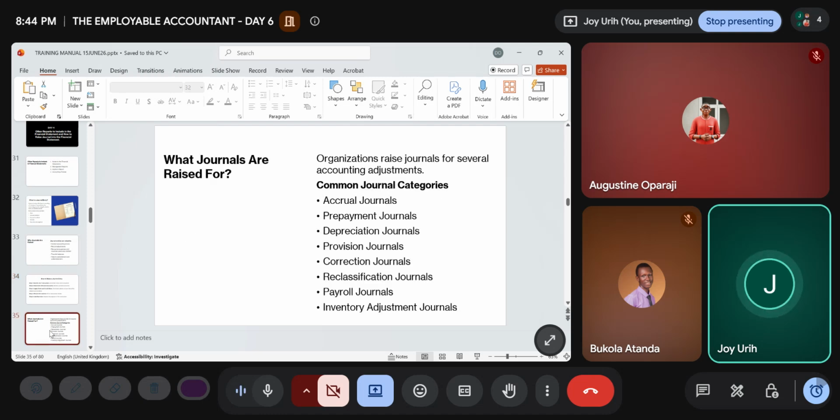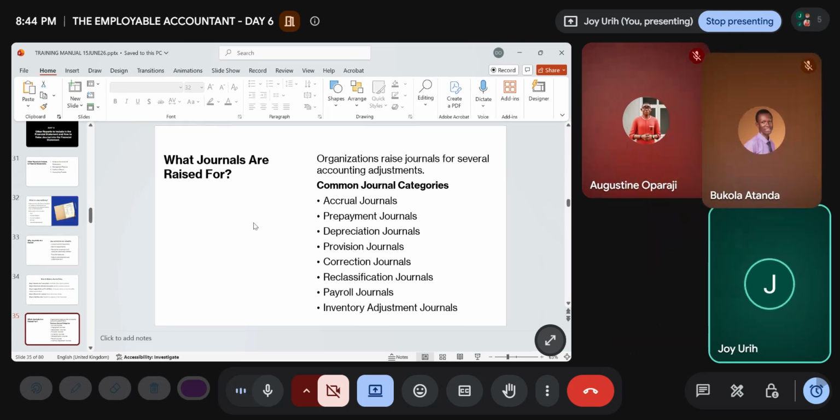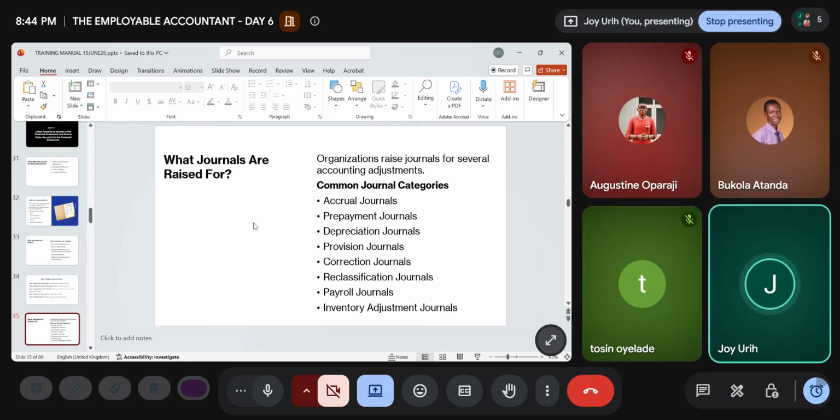So what are journals raised for? Organizations raise journals for several accounting adjustments. Common journal categories include the accruals journal. So we know what accrual means.